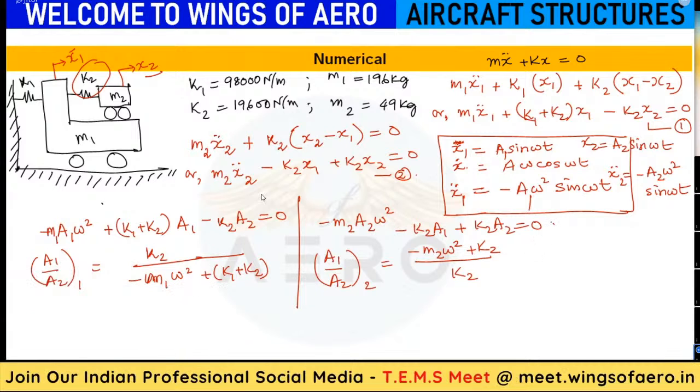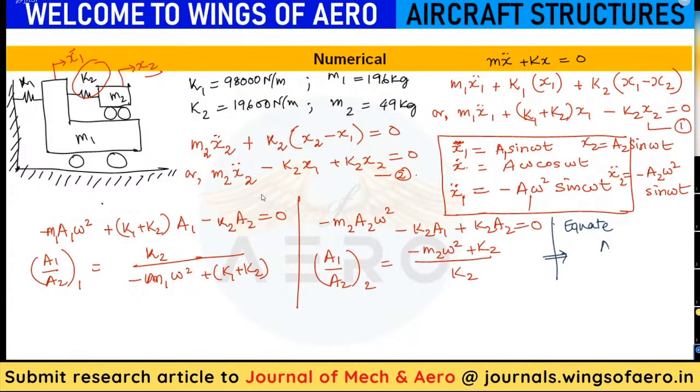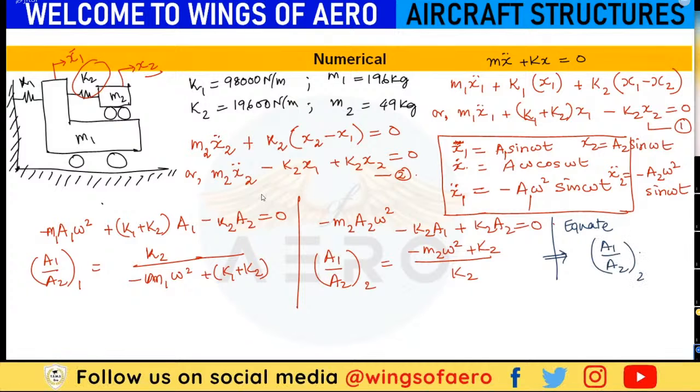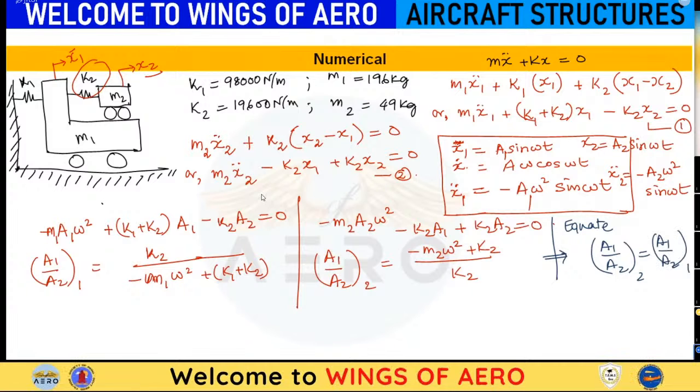Now after that, next step, you need to equate a1 by a2 for body 2 and a1 by a2 of body 1. You're just going to equate these two.